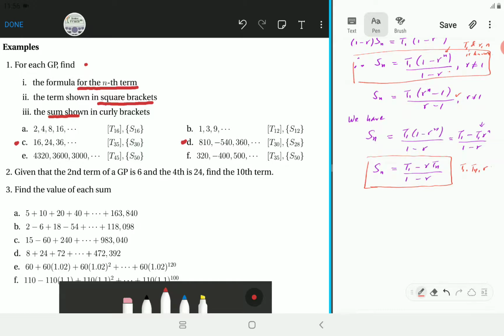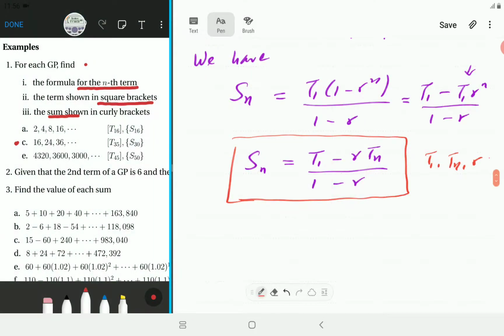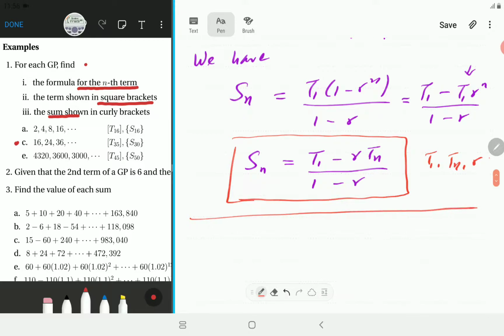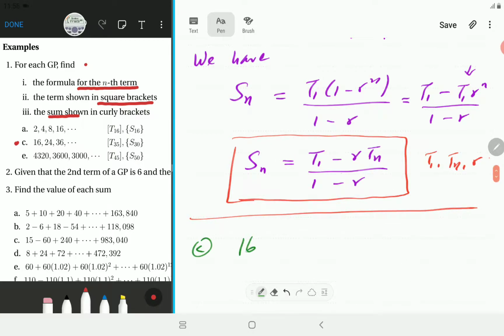Right, in C we've got first three terms of the sequence 16, 24, and 36. So example C, 16, 24, and 36.